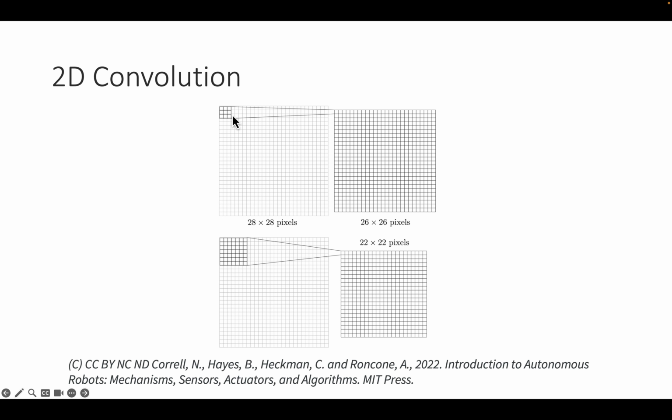And what happens here, the outcome at a certain position is the weighted sum of all of the pixels multiplied with each other and then added up. And so what I do is I multiply each pixel value in the kernel with the underlying pixel value of the image. I add them up and I put the result into this cell, and then I move the kernel to the right.